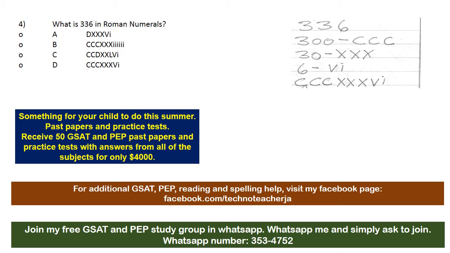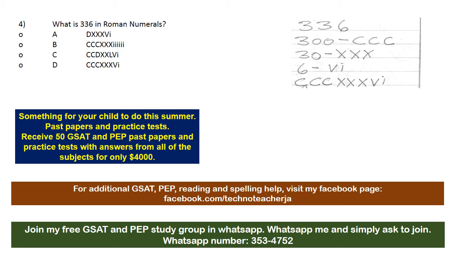Maybe it's easier to think about it this way: the first letter is smaller than the second letter, so you subtract them. 1000 minus 100 is 900. So CM is 900.